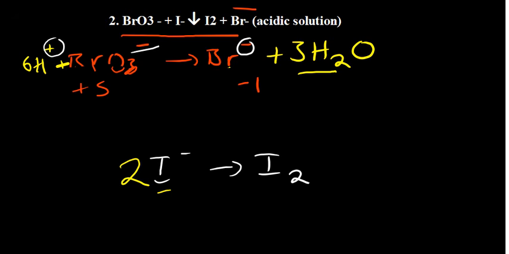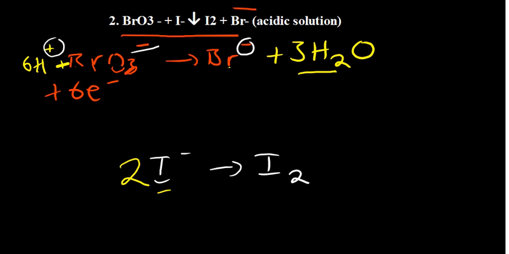So how many negatives are we supposed to put on the left to make it negative 1? What number can you subtract from 5 to get negative 1? It's 6, so 6 electrons were gained. So show that: plus 6 electrons. 6 negatives plus 1 negative gives us negative 7, plus 6 positives will give us the negative 1 that we have on the product side.